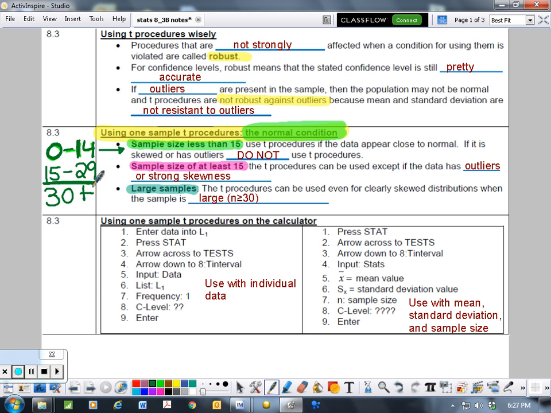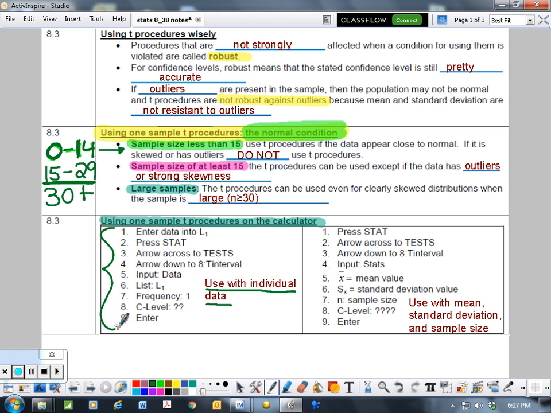We also have a one sample T procedure on the calculator. There's several different ways you can do it. This one on the left-hand side is if you have individual data. So in our last problem, we had individual data. We could put it in here, and it will do the test for us.